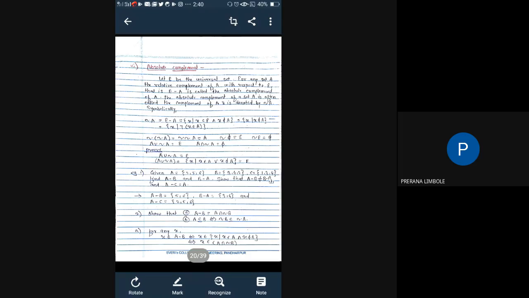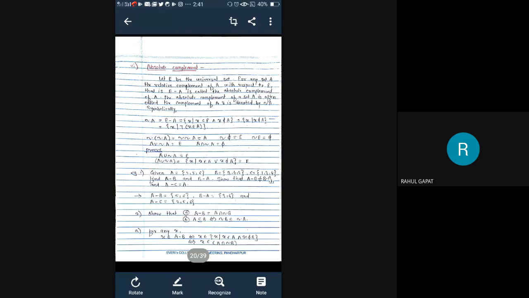So we have seen definition of A minus B as the elements those are present in set A but not in B. Okay, now check what are those elements those are present in A but not in B. So what would be the answer for A minus B? 5 and 6, because 2 is common between A and B, that's why we are not going to consider it.